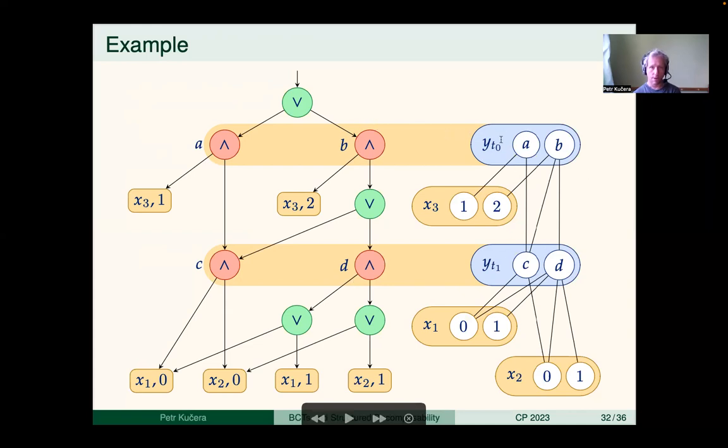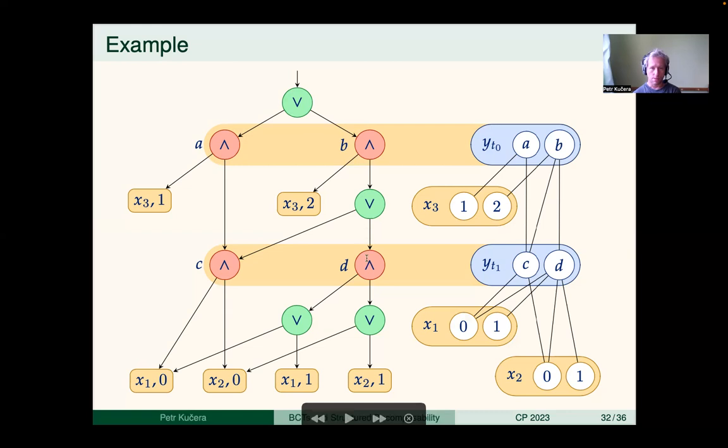So for example, between YT0 and YT1, it's relating these two levels of conjunction gates. So if A should be satisfied, then C must be satisfied. So that's why we have this relation between A and C. If B is satisfied, then either D or C is satisfied.